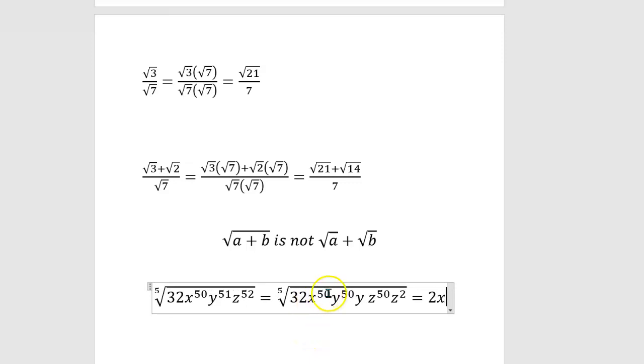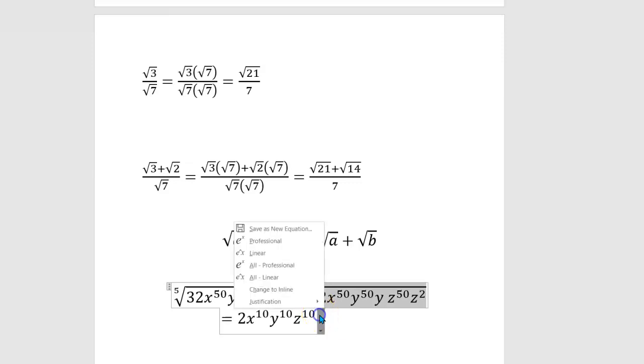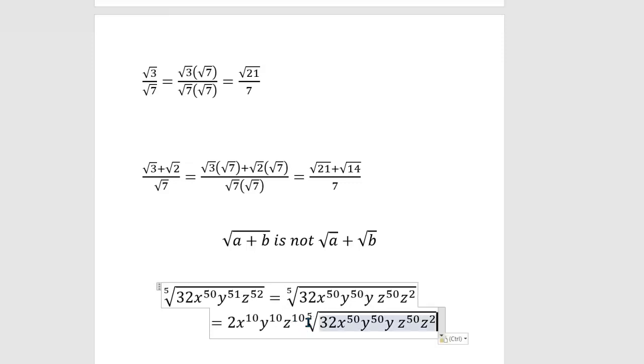And now for x, 50 divided by 5 is 10. For y, I do the same thing, it's 10. For z, the same thing, it's 10. But now I still need my fifth root. Most stuff has come out, but a few things are still left in there. My z squared is still in there. My z to the 50th is gone.